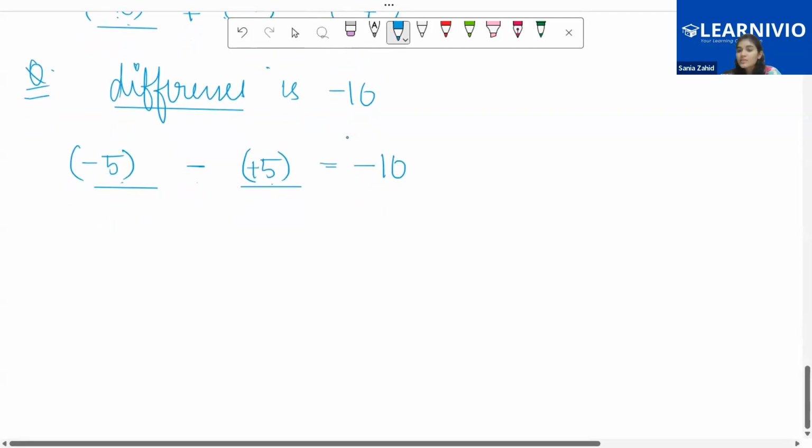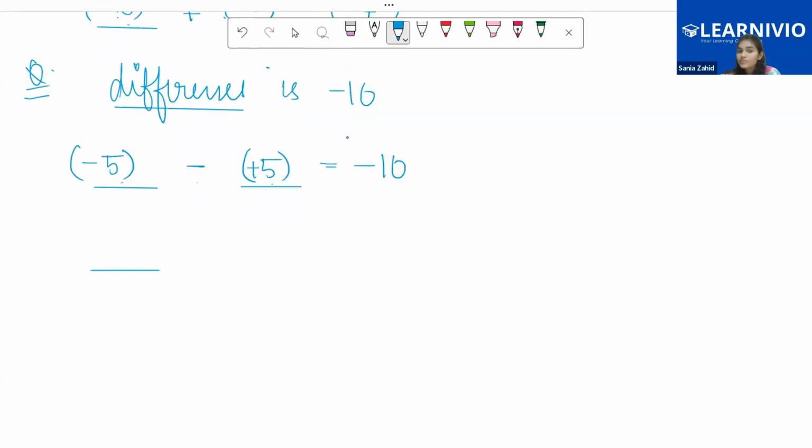Salman, please pay attention in the class. Okay, one of the examples Abdul has given me, the other example Salman will give me. Difference is -10. Give me an example of 2 numbers. Tell me.